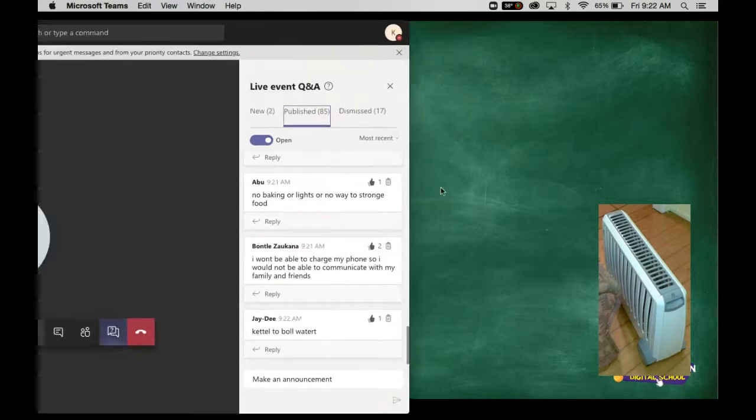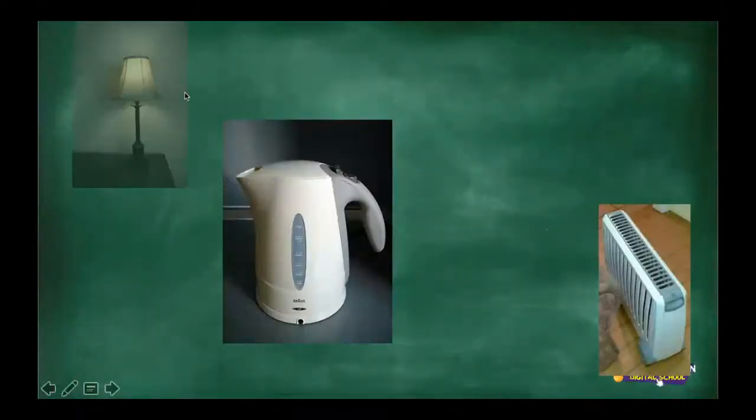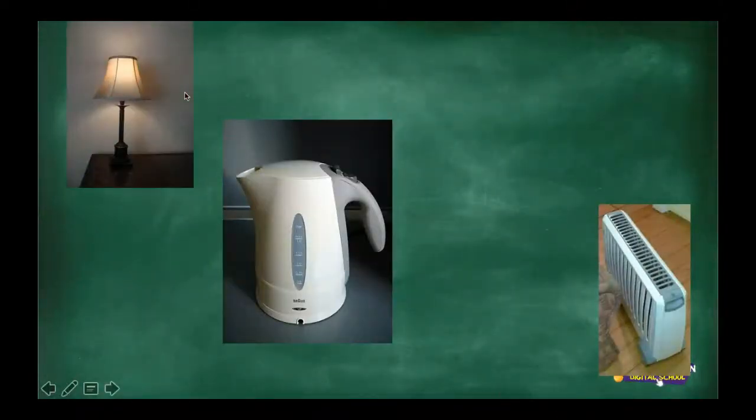All right. The next is a lamp. Remember just to write heater, dash, what it's solving, and the lamp. Now, what problem is the lamp solving?